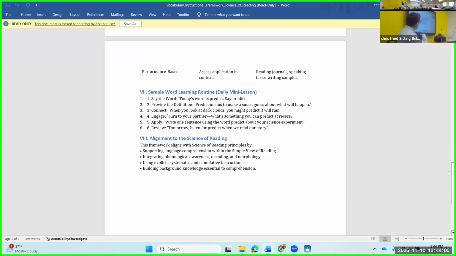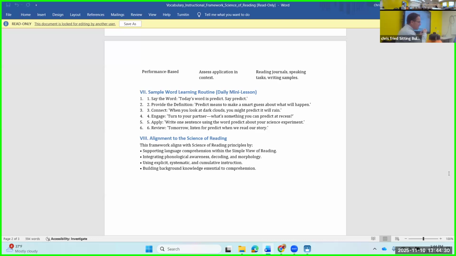It also gives you an example of how to do a little mini lesson or a quick routine in terms of learning new words. So saying the word, writing the definition, connect, engage, apply, review, some examples of that. And then it also talks a little bit about the connection to the science of reading. Why does this process connect to the science of reading?